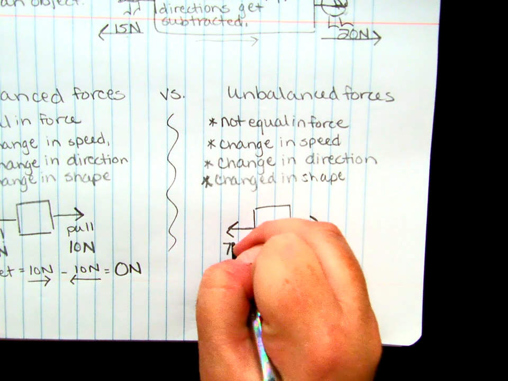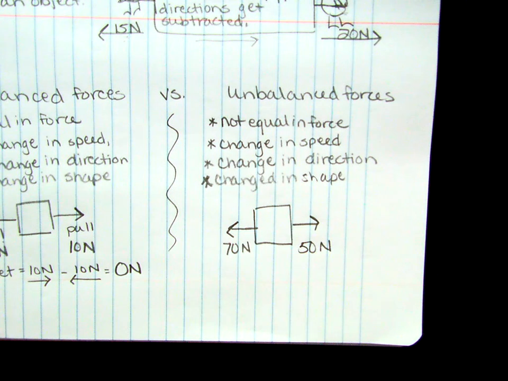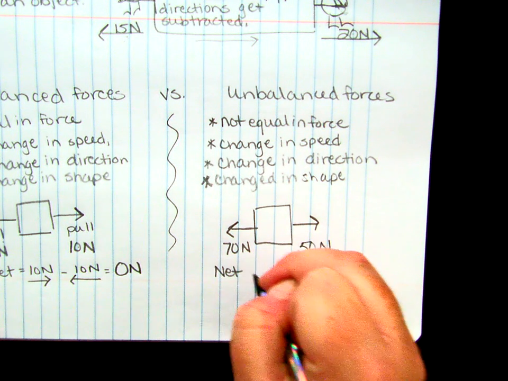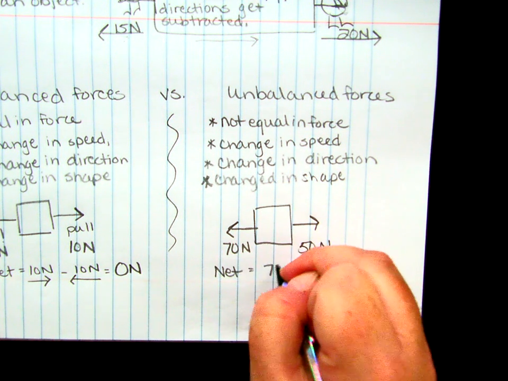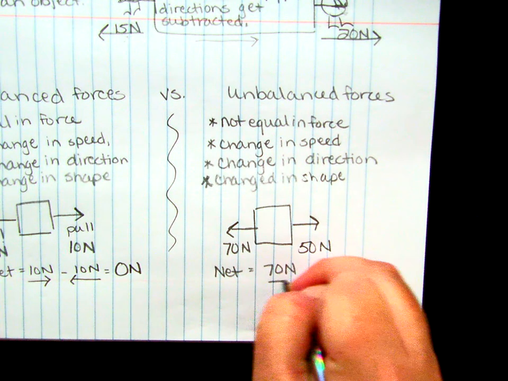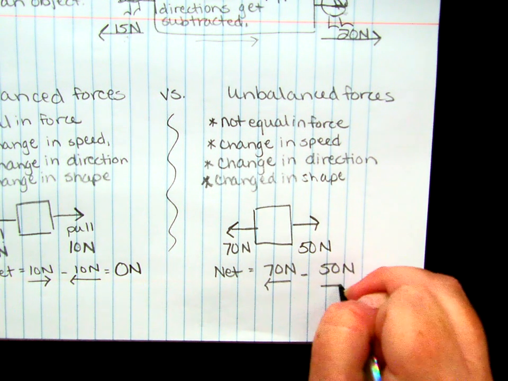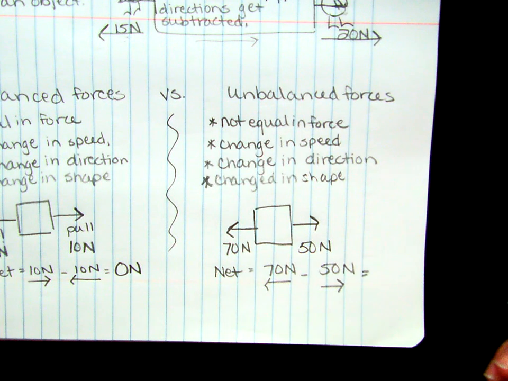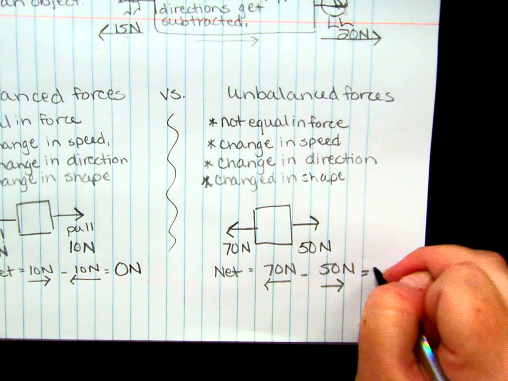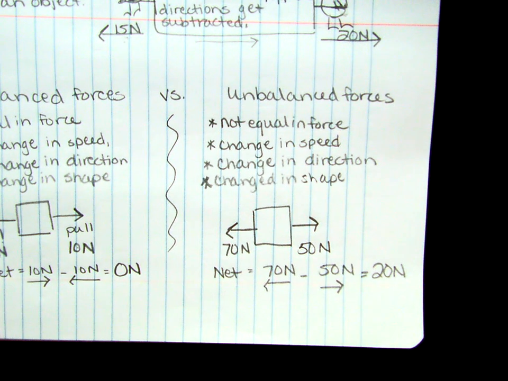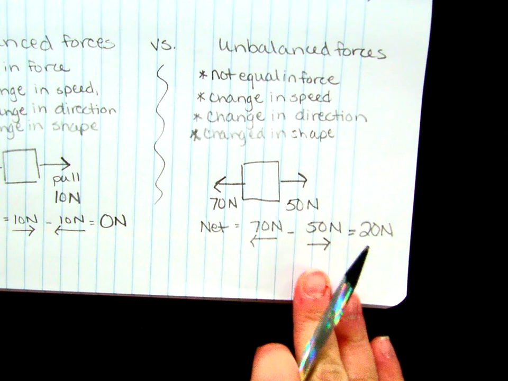So whenever we go to find our net force, we're going to have 70 newtons left minus 50 newtons right, which should give you 20 newtons difference. So, after you figure this out though, we have to figure out, well, which direction is that object going to move?